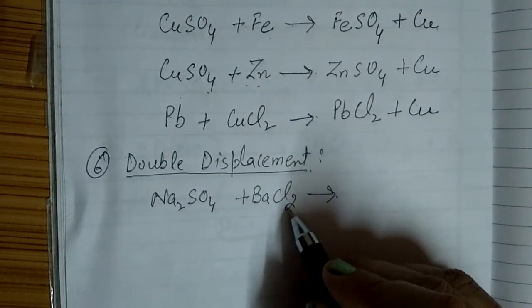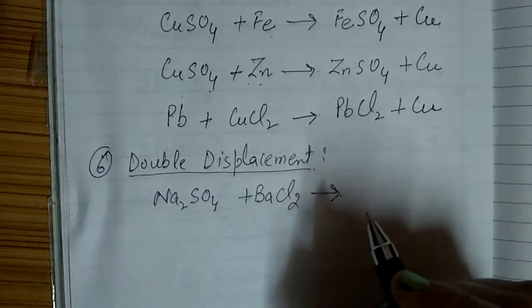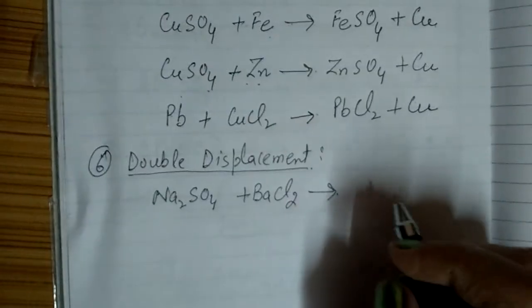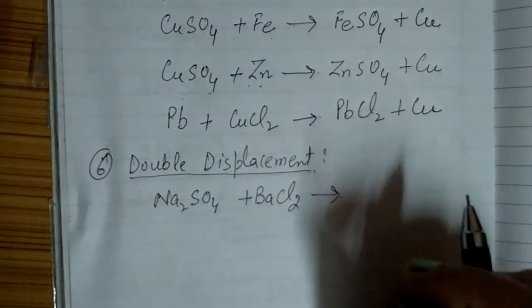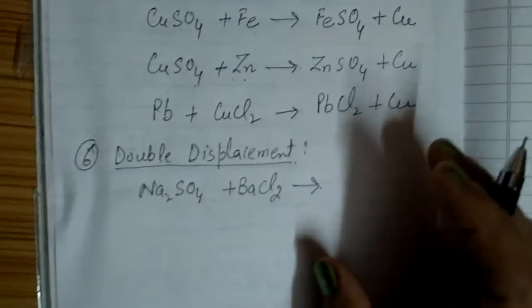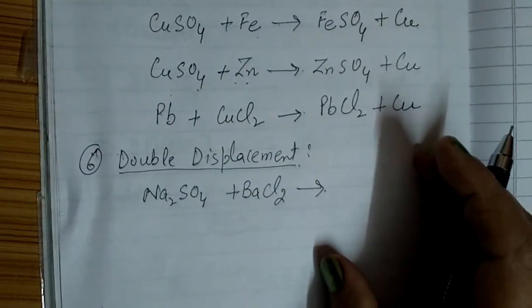What happens here in this double displacement reaction is that the exchange of ions takes place and one of the compounds obtained is in the form of an insoluble substance which settles down or remains sparingly soluble in the solution, which is considered as the precipitate.